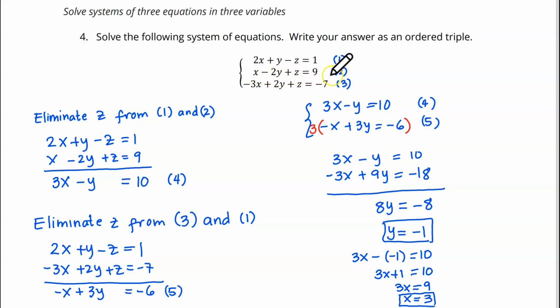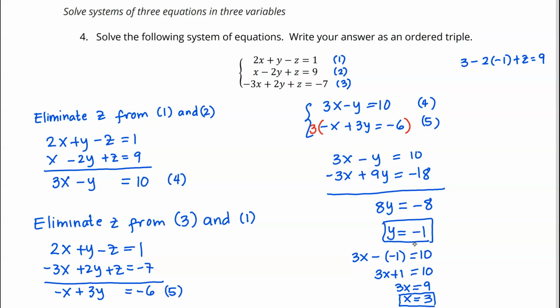So we can pick probably equation number 2. We will plug in these values to equation number 2. We have x, for x it is 3, and then minus 2 times y, which is negative 1, plus z is equal to 9.